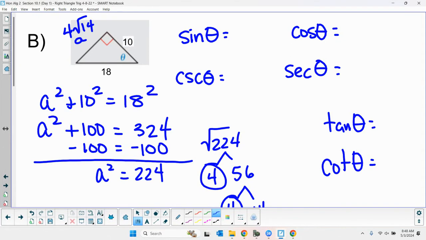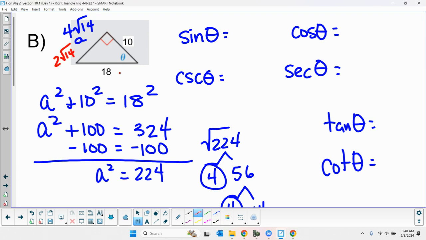Here's another trick I do. I'll show it to you now. What number goes into all three of these? 2, right? So instead of reducing later, let's just reduce it now, okay? You can't take a 2 out of the 14. You can't mess with under the radical, but you can mess with the stuff out front of it, okay? So I'm going to turn this into 2 radical 14.